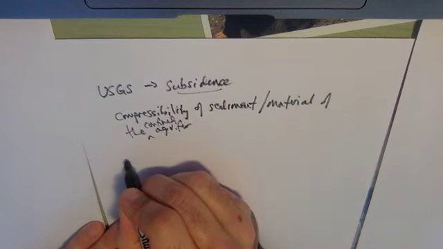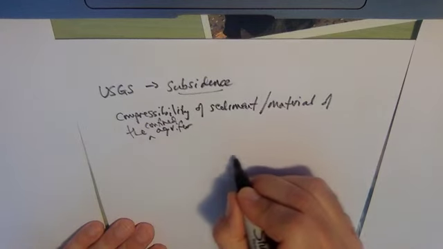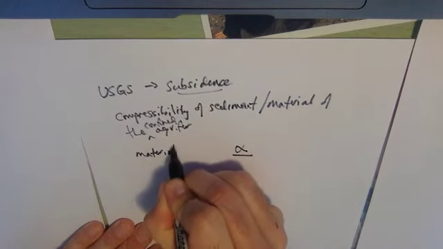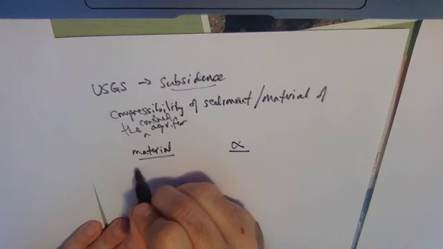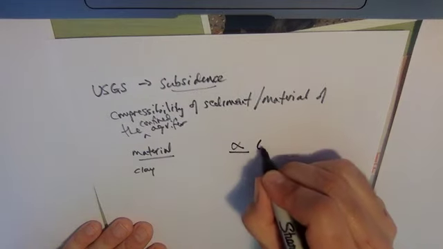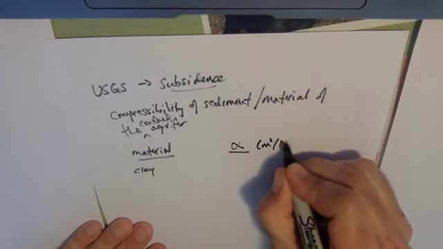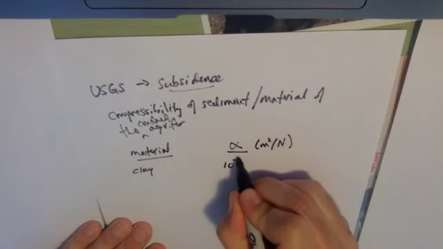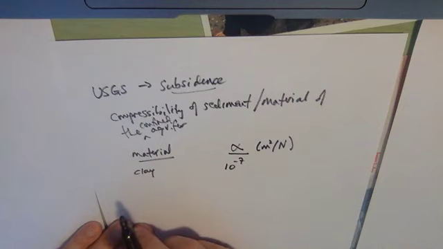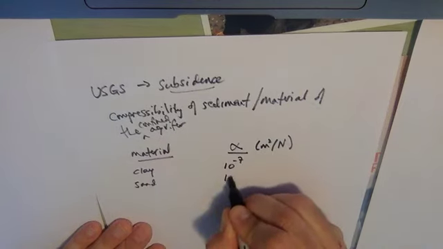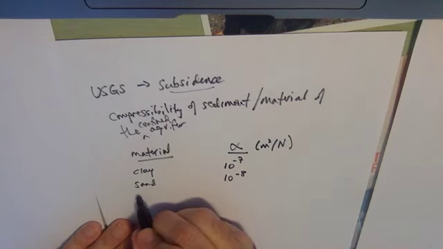So, okay, here are some compressibilities. Compressibility is given as alpha, and so we can list compressibilities of different materials. By far the most compressible is clay, and these have funny units of meters squared per Newton. The average value for the compressibility of clay would be 10 to the minus 7. For sand, it would be 10 to the minus 8.